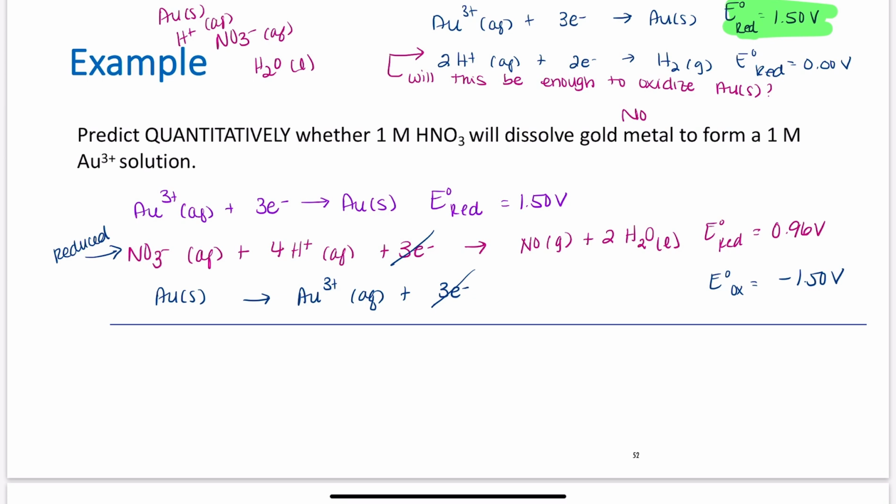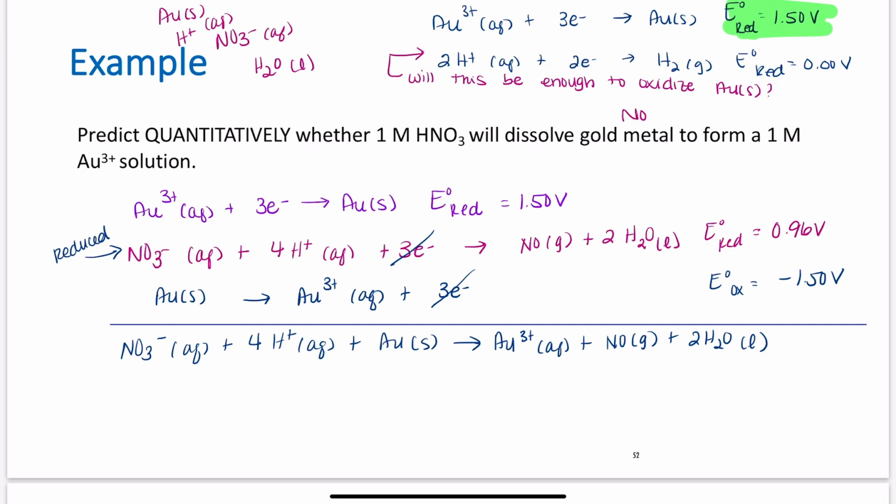But the overall reaction here, if this did proceed as written, would be NO3- aqueous plus 4H+ plus Au solid, giving you Au3+, NO gas, and 2 moles of H2O liquid.